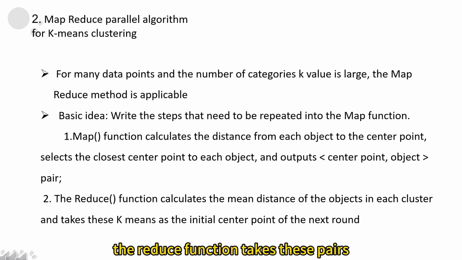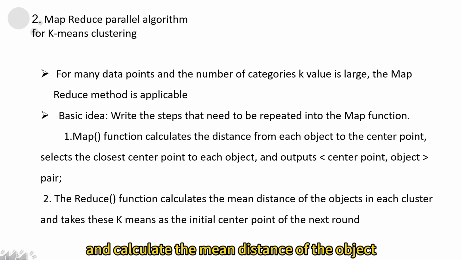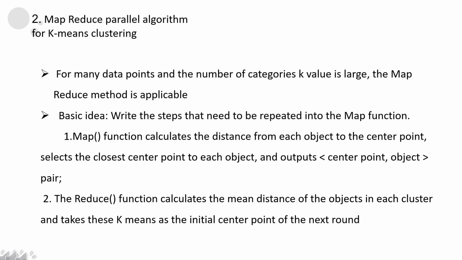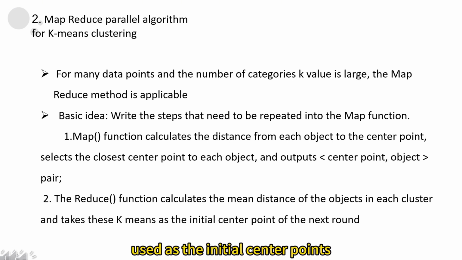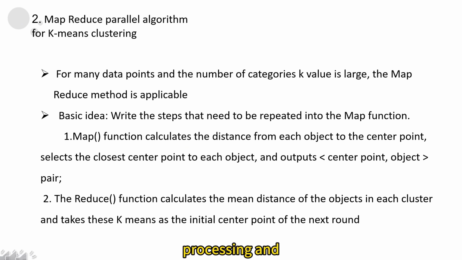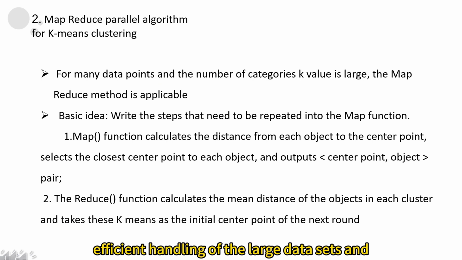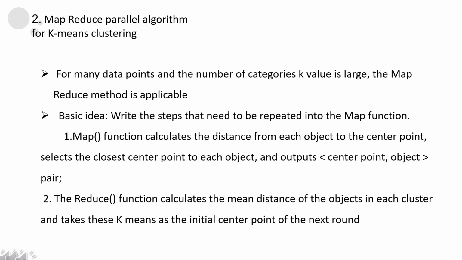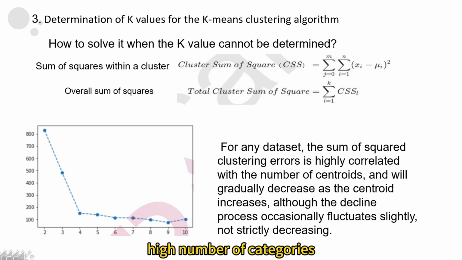The reduce function takes these pairs and calculates the mean of the objects in each cluster. These k means are then used as the initial center points for the next round of clustering. By dividing the computations into map and reduce functions, the MapReduce method allows for parallel processing and the efficient handling of large datasets and a high number of categories.